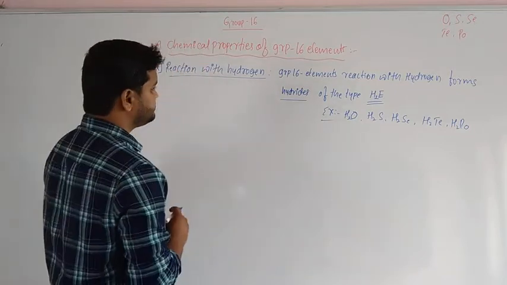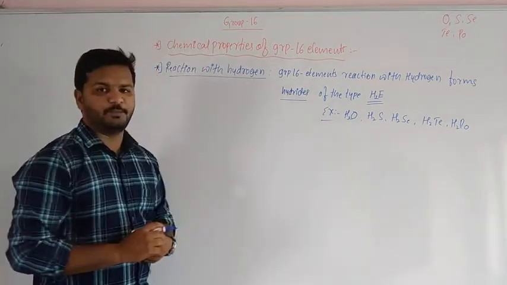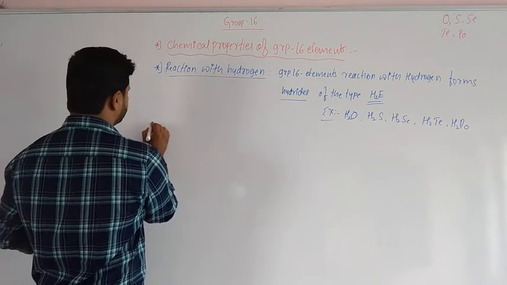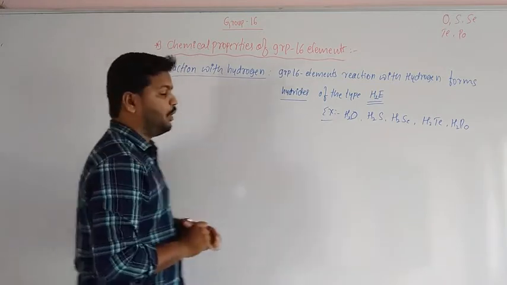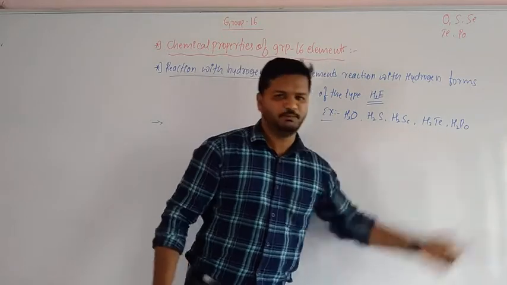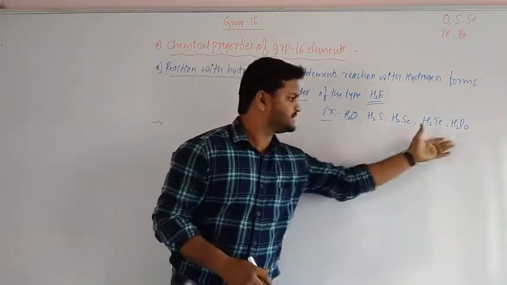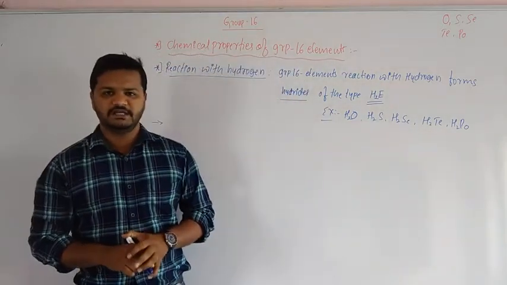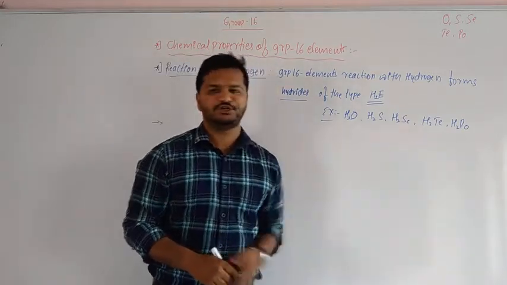Now here are some of the important properties of hydrides. First one, bond length: among H2O, H2S, H2Se, H2Te, H2Po, bond length increases from H2O to H2Po.